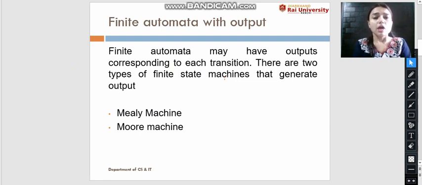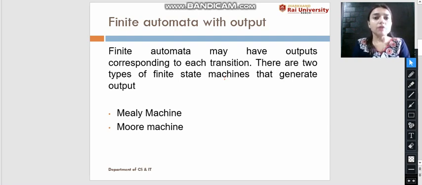Before this, we have learned about a finite automata which is defined by how many tuples? There are 5 tuples: Q, sigma, delta, Q0, the initial state, and the final state. These are the 5 tuples.